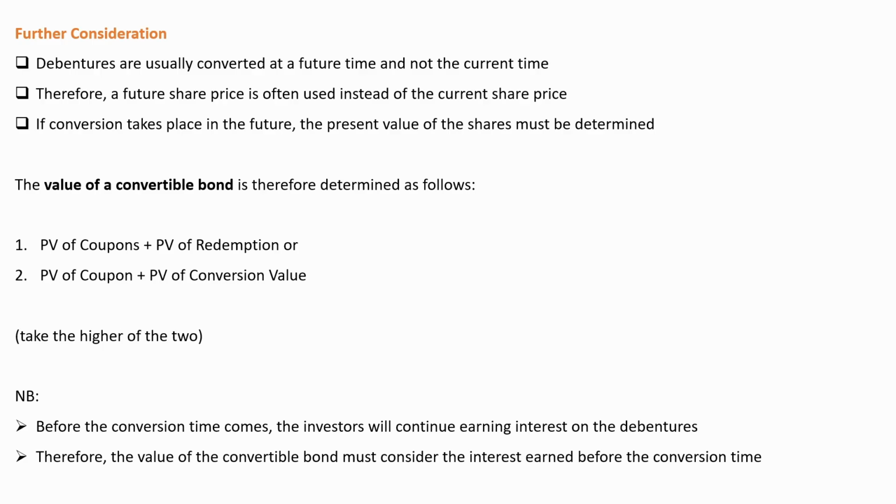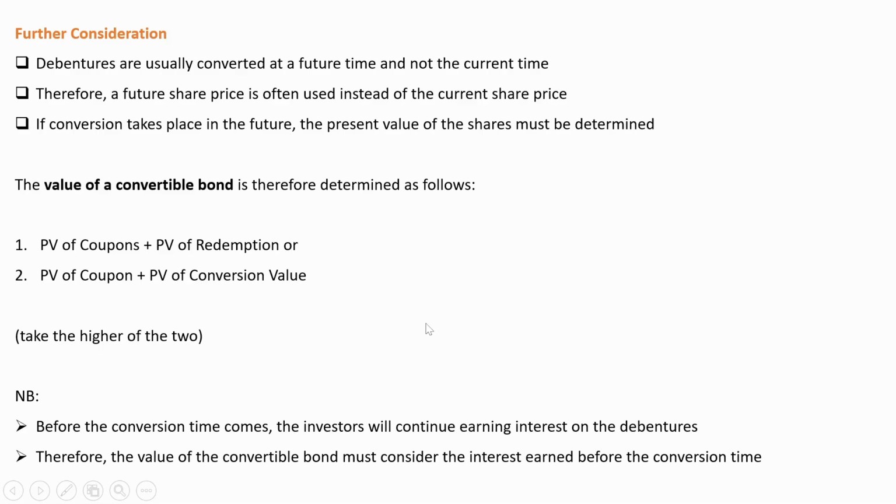The reason is, look at the NB below here. Before the conversion time comes, the investors will continue earning interest on the debentures. Therefore, the value of the convertible bond must consider the interest earned before the conversion time.